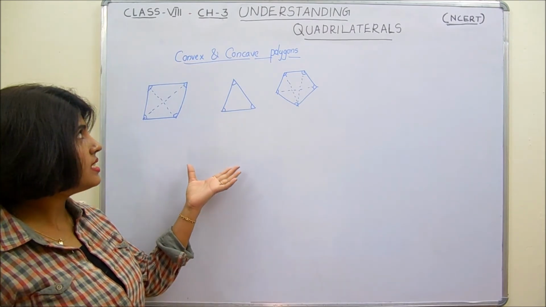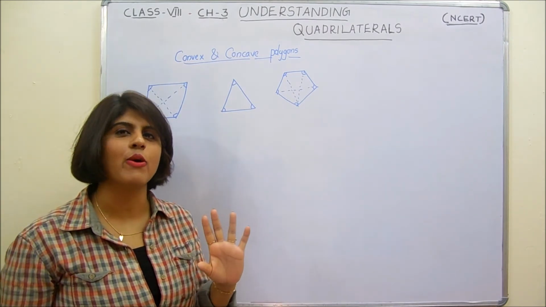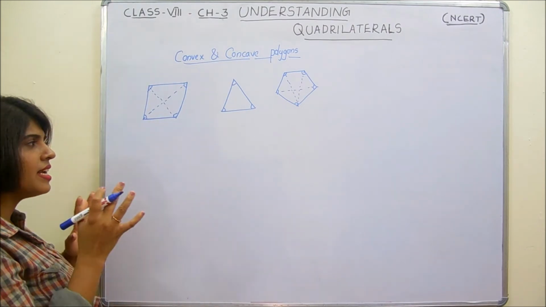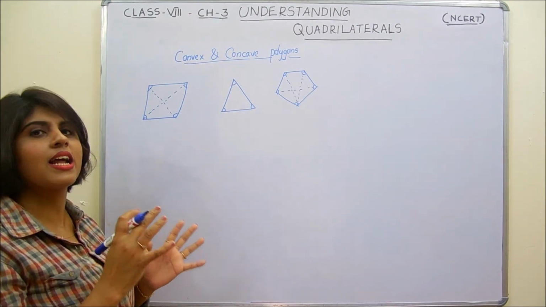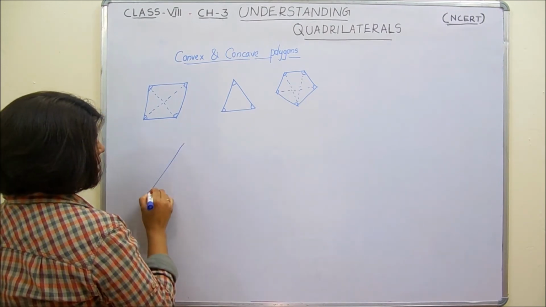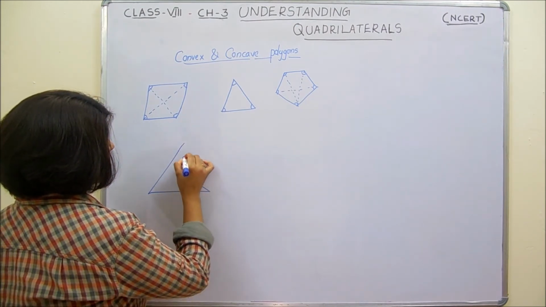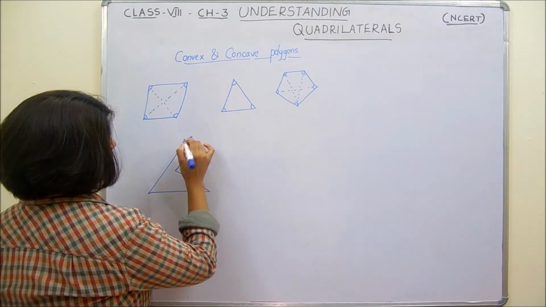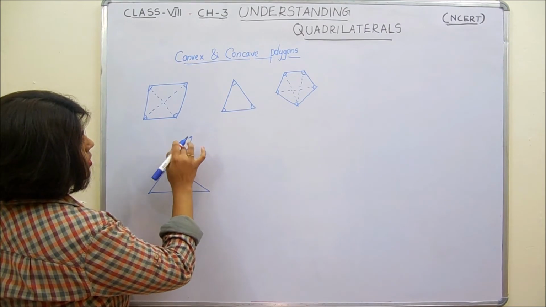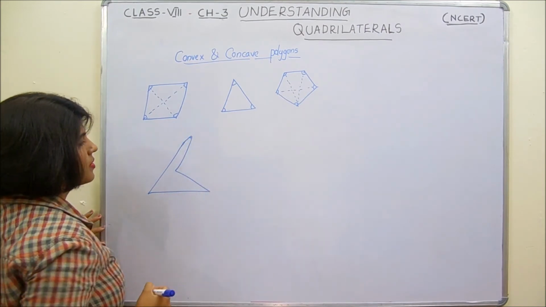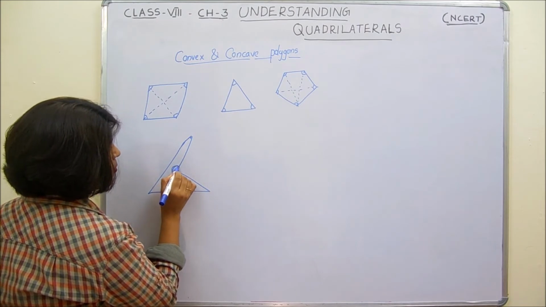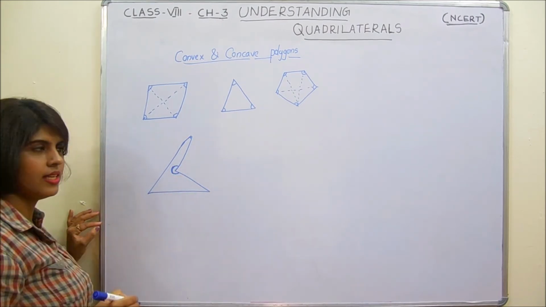And the polygons which are not convex are called concave polygons. That is, in a concave polygon, at least one of the interior angles should be more than 180 degrees. For example, we can consider this concave polygon. Here you can see that this angle is more than 180.